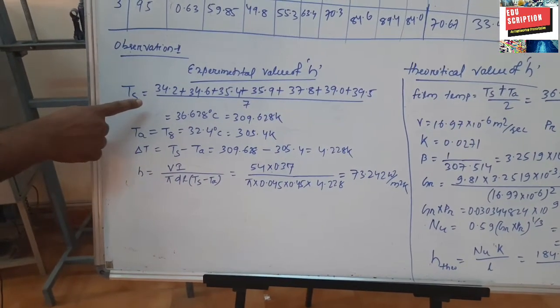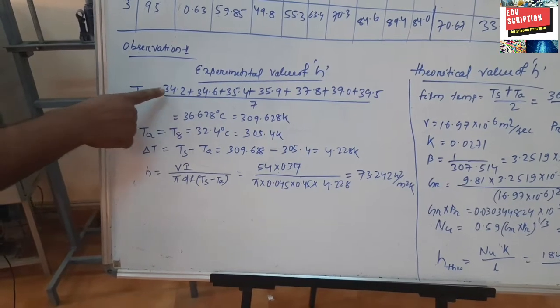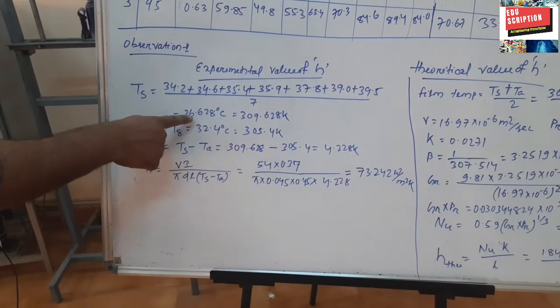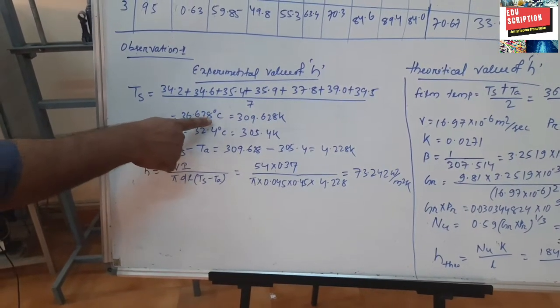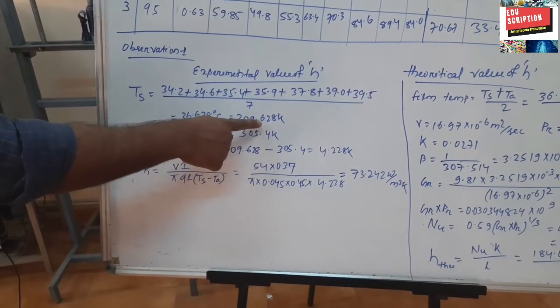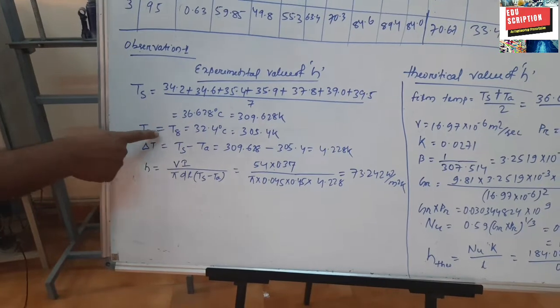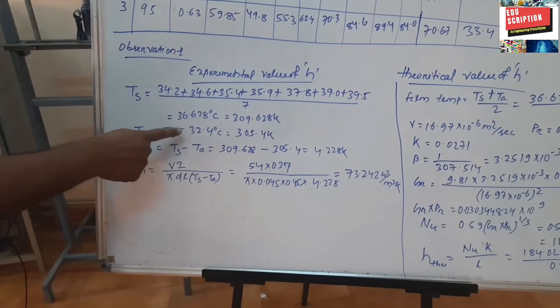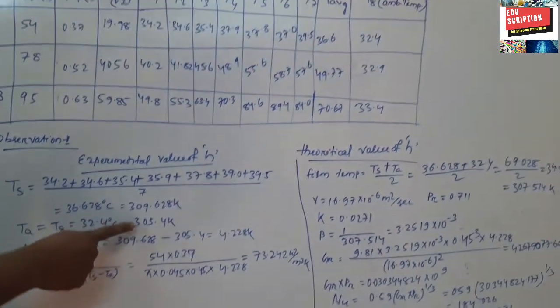Considering these data for observation 1, let us find the experimental value of H. Ts is equal to 36.628 degrees Celsius, that is 309.628 Kelvin, and ambient temperature Ta is equal to 32.4 degrees Celsius.